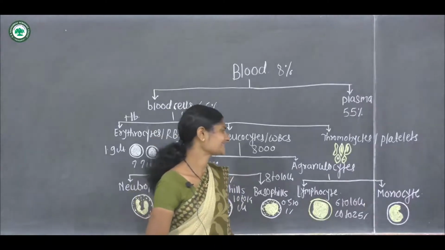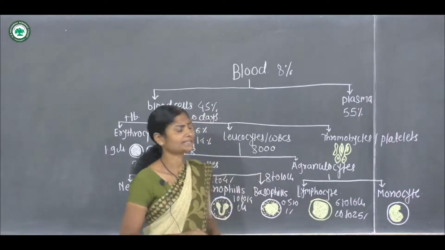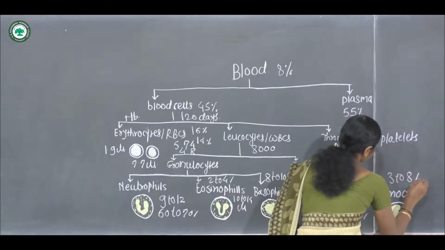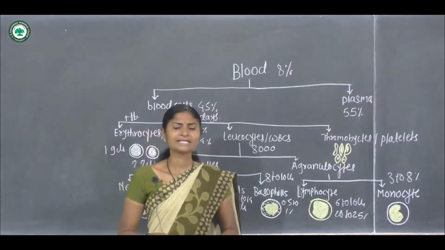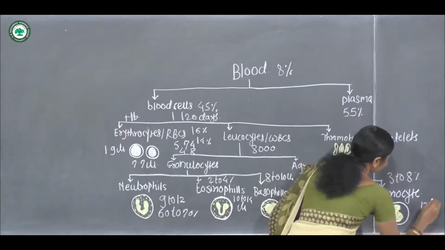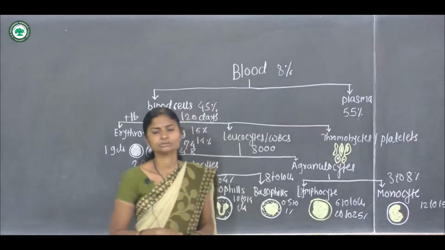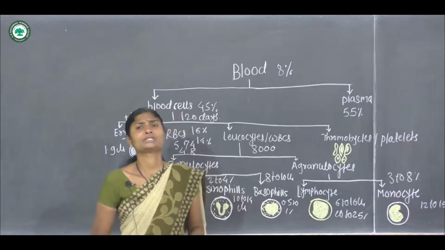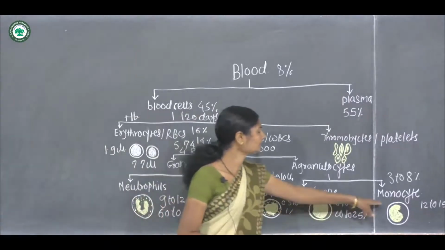Next type is monocytes. Monocytes are large cells composing 3 to 8% of the total volume of WBCs, and they vary in size from 12 to 15 micron. The monocyte nucleus is ovoid, kidney shaped or horseshoe shaped, as we observe in this diagram.